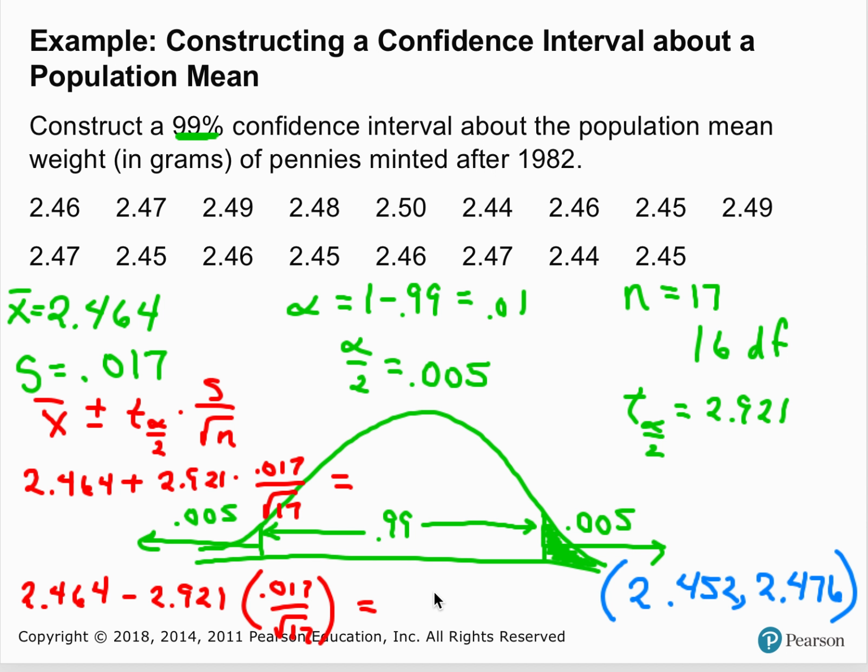If we obtained 100 samples of size 17 from the population of pennies minted after 1982, we would expect about 95 of the samples to contain an interval that includes the actual mean. Now, here, we can't be confident that this interval is one of the 95% because 5% of them do not contain it, right? But 95% of them will contain the actual mean.